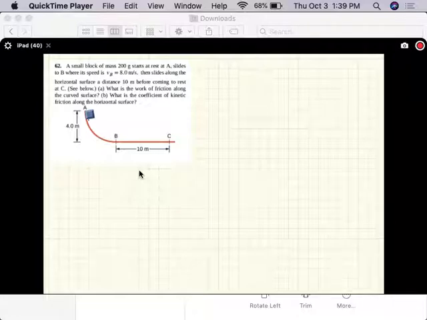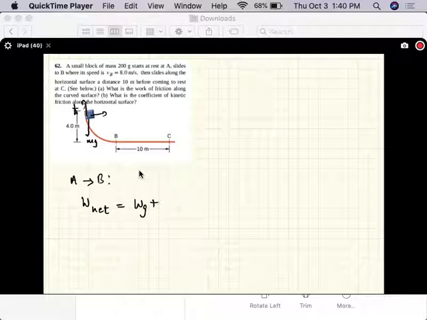While this thing is falling down, these are the forces acting on it: friction force, the force of gravity, and the normal force. So the net work done in going from A to B is the work done by gravity, work done by friction, and work done by the normal force.